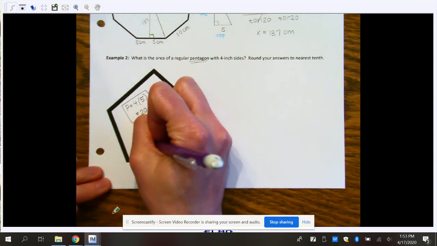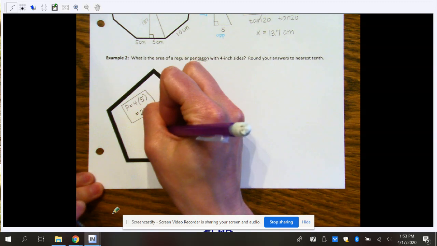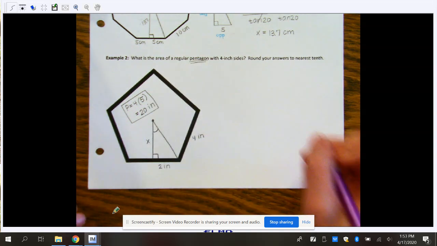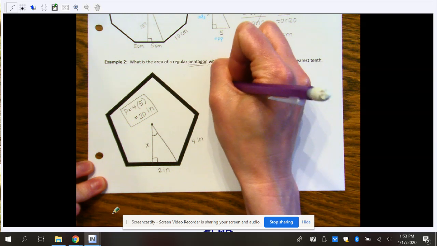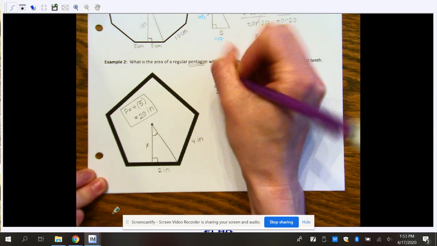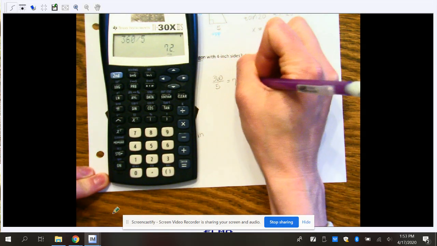And so now I need to figure out this apothem to help me find this area. In order to do that, I need to figure out this angle. So we're going to take that same process. Figure out the total angle first. So 360 divided by 5 is 72.